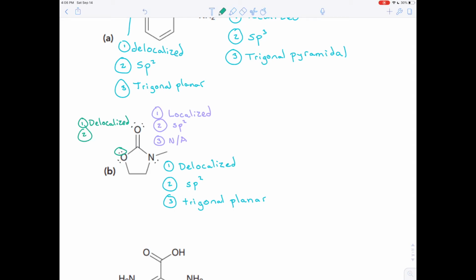That means that oxygen is using one of its p orbitals, so it can only mix two other ones with an s orbital. And if it's sp2 hybridized, the shape around it is trigonal planar.